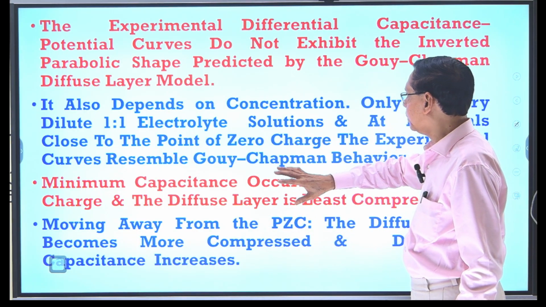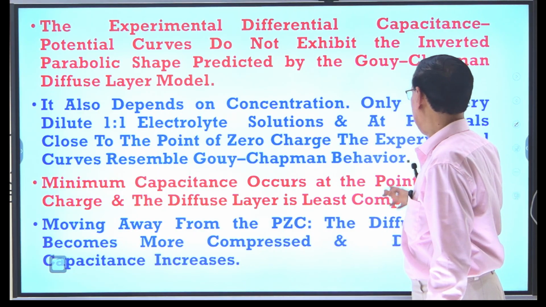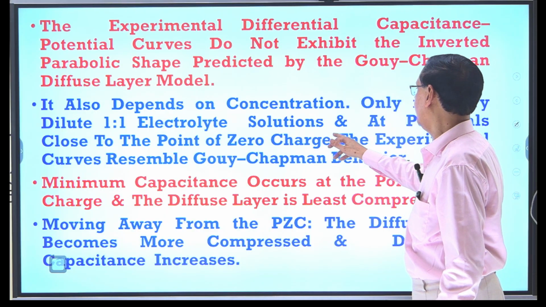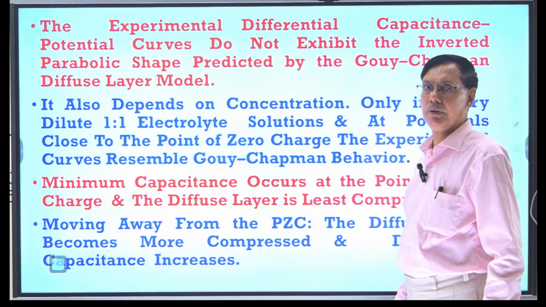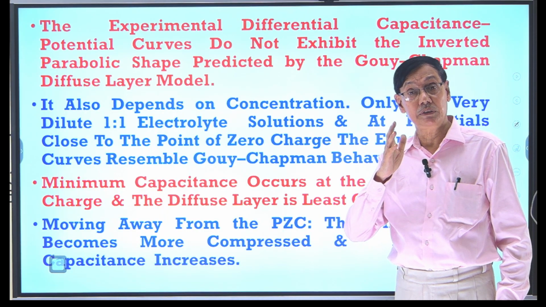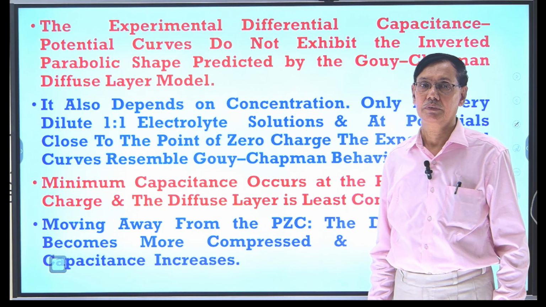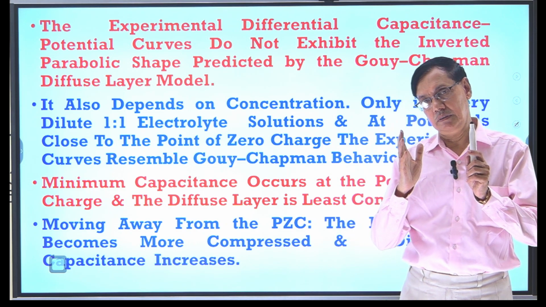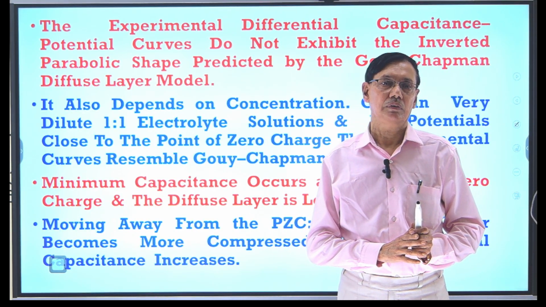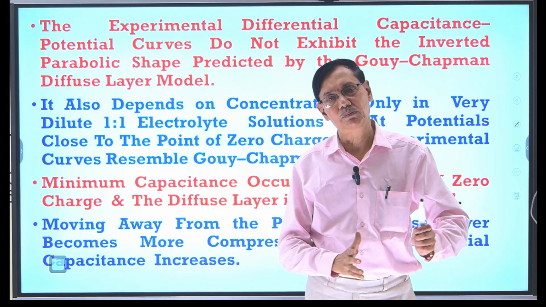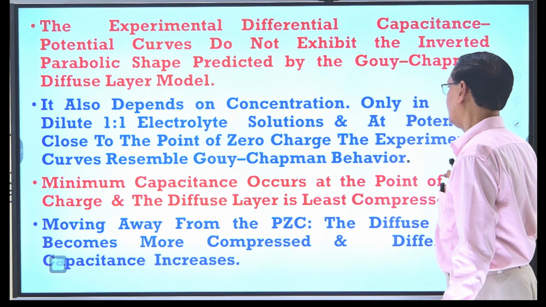So it is only true where the concentration is very, very low, and at potentials close to the point of zero charge, that the experimental curve resembles the Gouy-Chapman behavior, because there is a very important significance of that point of no charge, because it depends on the actual scattering of the ions, whether there is a decrease in the potential. That is the important point, because minimum capacitance occurs at the point of zero charge.